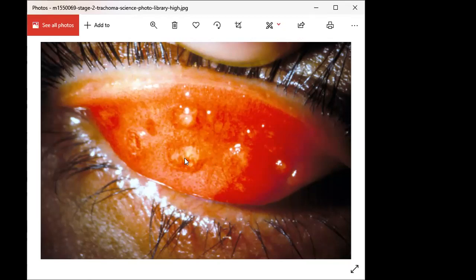If the remaining serotypes are involved, it is called inclusion conjunctivitis. First type is trachoma, second type is inclusion conjunctivitis. We'll talk about that.